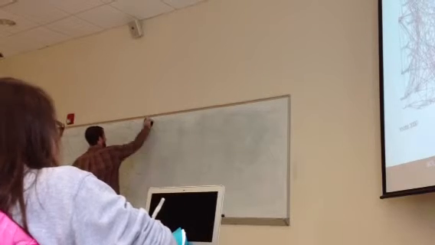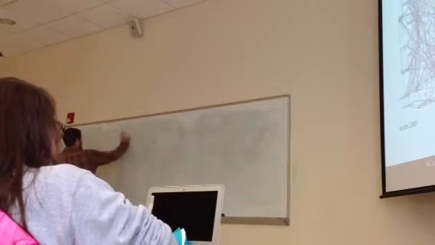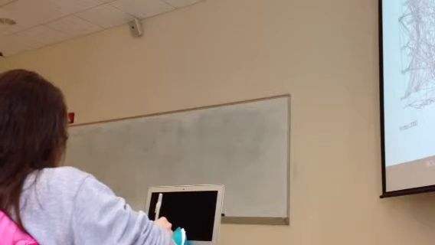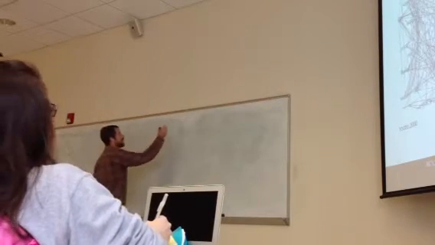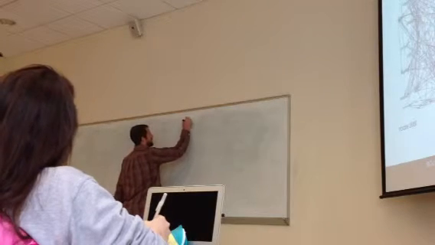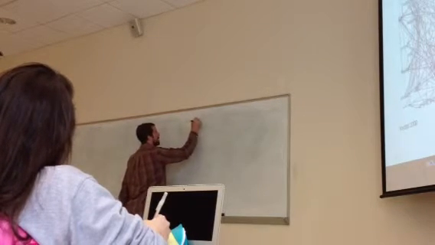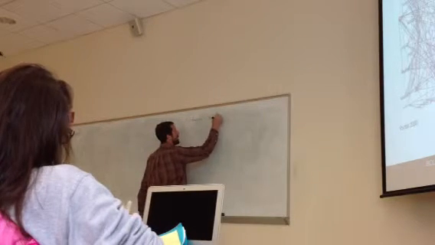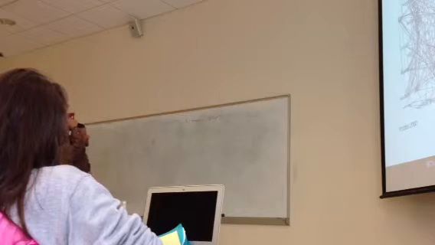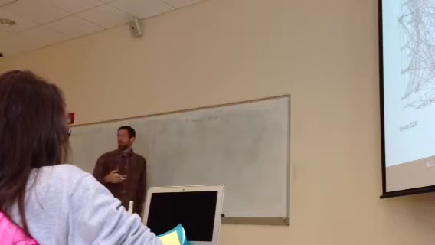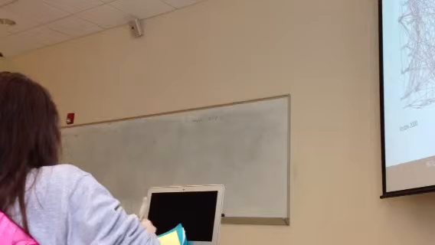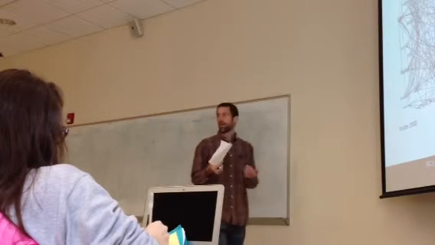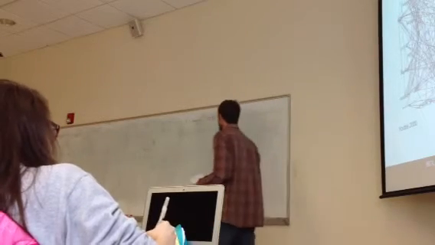So there are many different isotopes that are used in food chain studies. The two that are most prominent are nitrogen isotopes. So when nitrogen is taken up within an organism's tissues, some of it is kept, and organisms excrete some nitrogen.